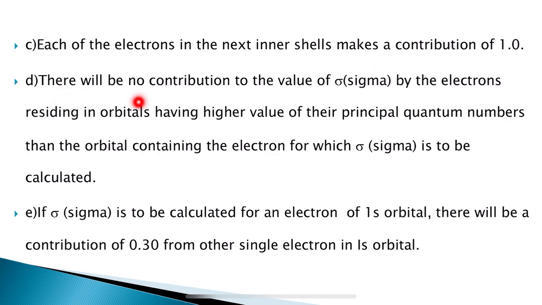There will be no contribution to the value of sigma by the electrons residing in orbitals having higher principal quantum numbers than the orbital containing the electron for which sigma is to be calculated. And if sigma is to be calculated for an electron of the 1s orbital, there will be a contribution of 0.30 from the other single electron in the 1s orbital.